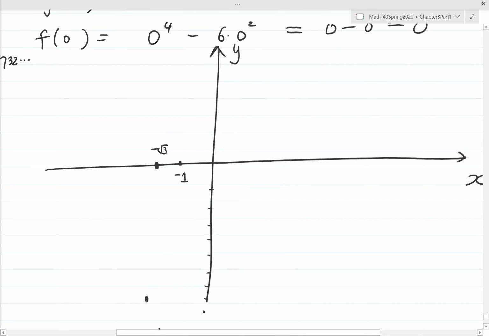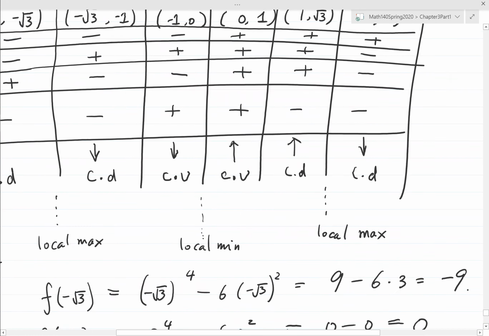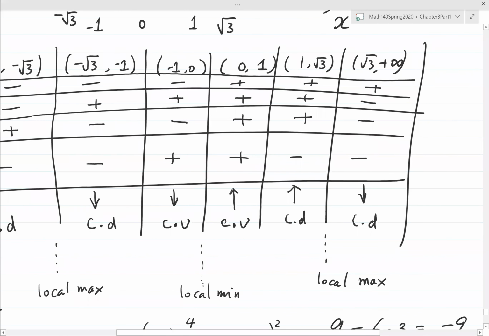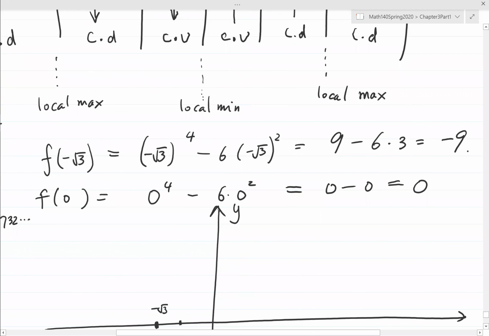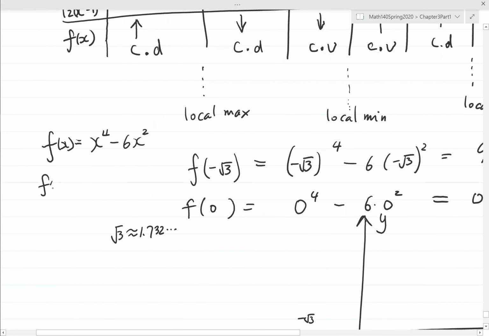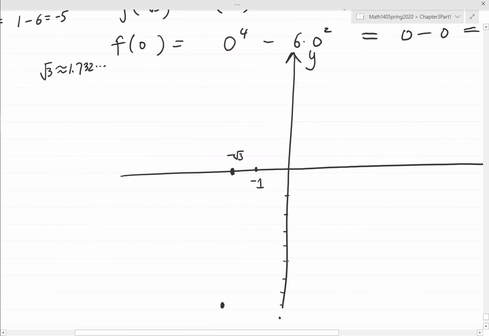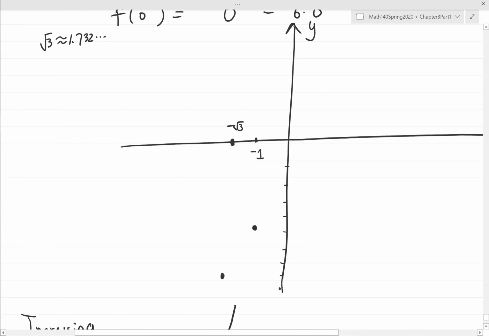When x is negative 1, you find its value: f(-1), which gives y equals negative 5. So when x is negative 1, it's negative 5: 1, 2, 3, 4, 5. So it's around here. Just plot a rough graph.